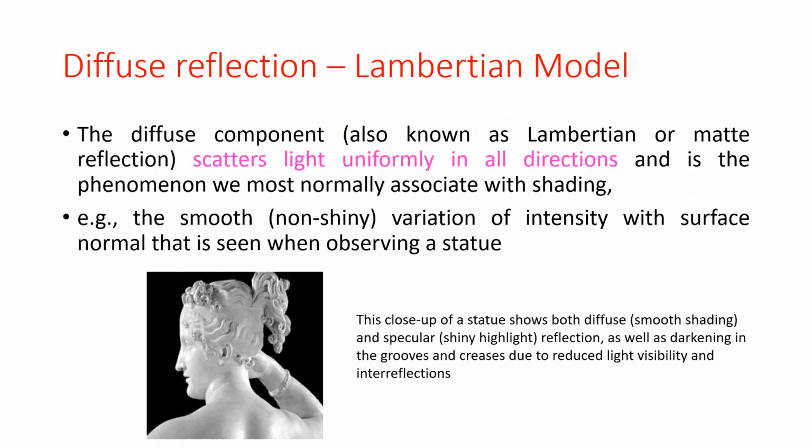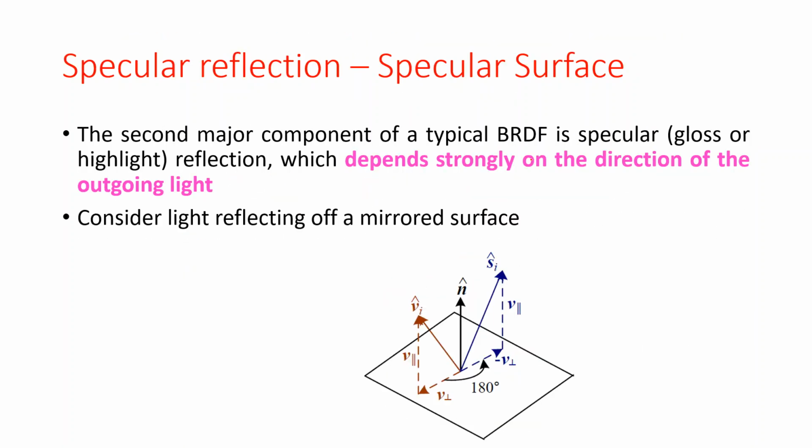Next one is diffuse reflection and the Lambertian model. It is also known as the Lambertian model or matte model. In this case, the light is scattered uniformly in all directions. Okay, next we will see specular reflection. Here, the light will reflect on a smooth surface.